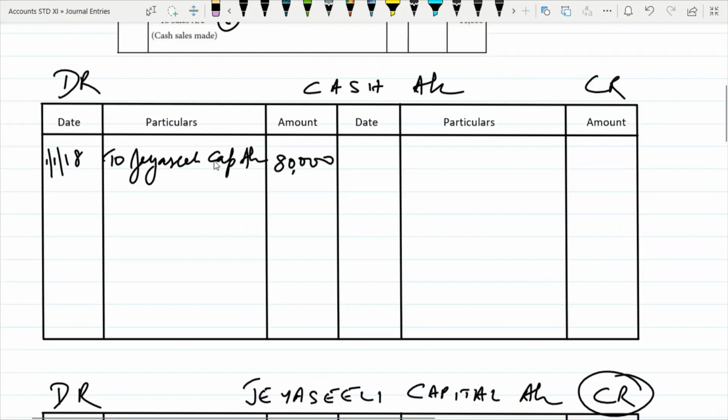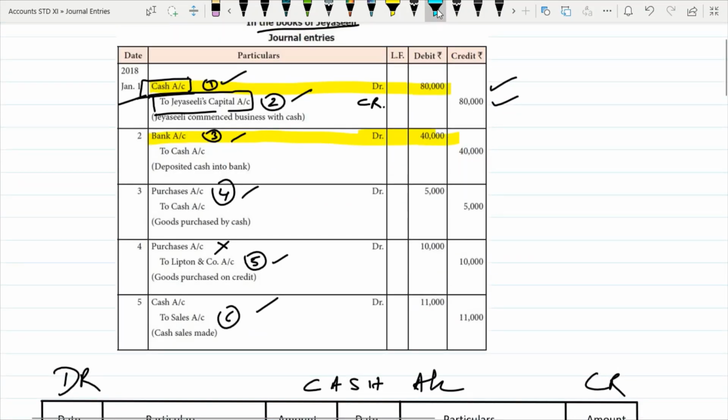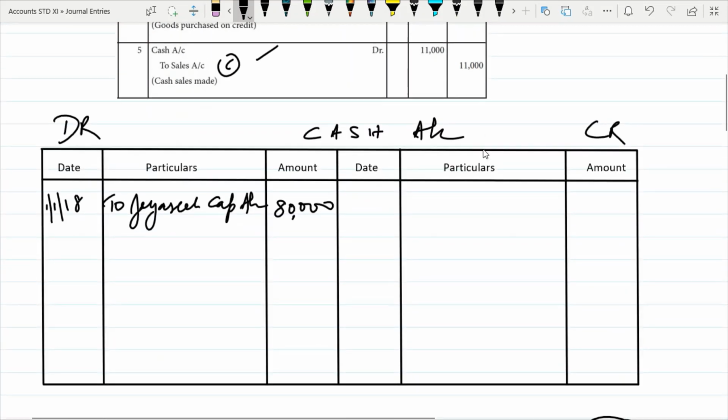We'll go to the next one. The next one, cash account. Now cash account here it is credit. This is credit, right? So this is credit by how much? 40,000. So we will go to the credit side. So first we shall write the amount 40,000. And then we write the date.